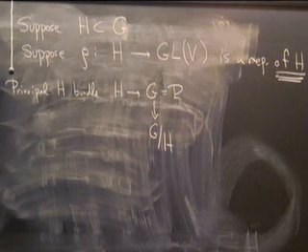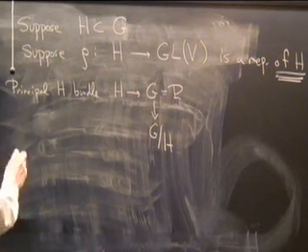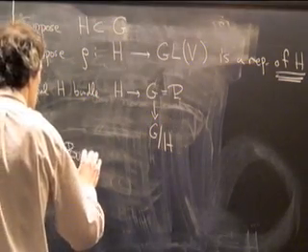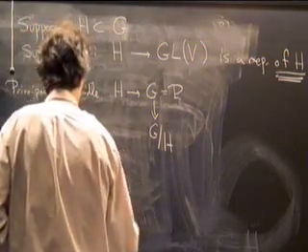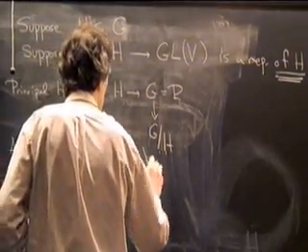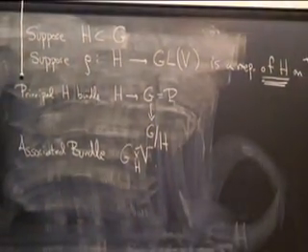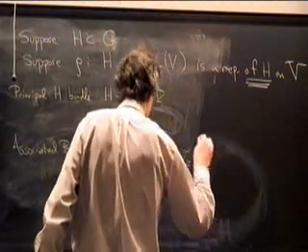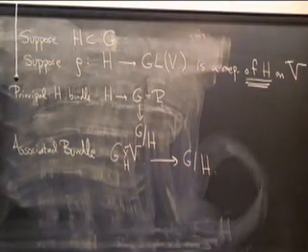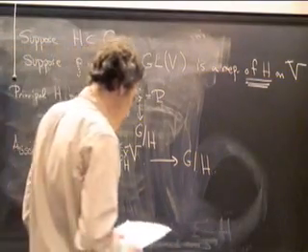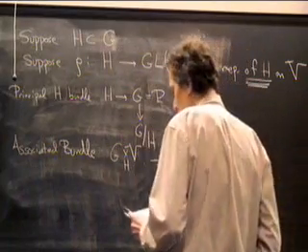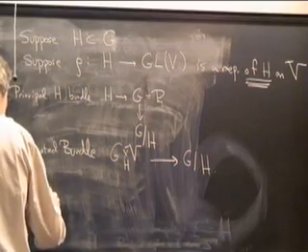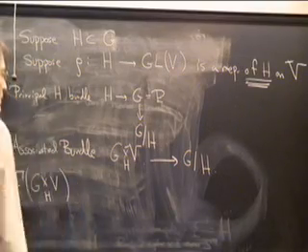So we're in exactly the situation I had before, where we can form the associated bundle, which we'll now denote as G times over H V. That's a vector bundle over G mod H. Now, we can therefore study the sections of this vector bundle.